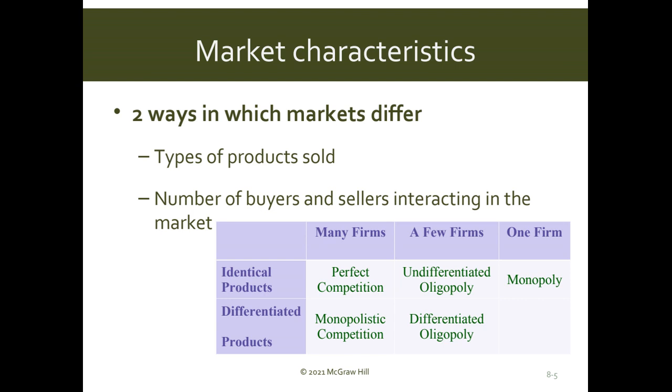Suppose, let's say, Roma tomatoes. Roma tomatoes are Roma tomatoes. It doesn't matter whether you buy from one farmer or another farmer. When you go to Walmart or Canadian Superstore or other stores and you buy Roma tomatoes, you don't care who has actually produced these tomatoes, right? They're the same.